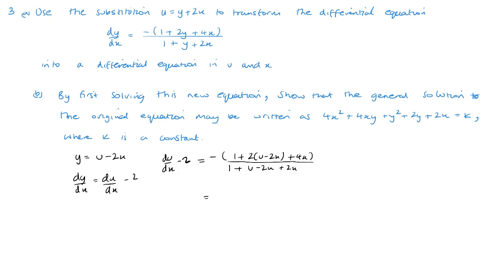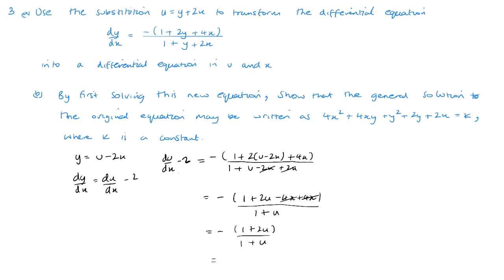Let's sort this bracket out: 1 plus 2u minus 4x plus 4x over 1 plus u. The 2x's cancel, and these 4x's cancel, leaving me minus (1 plus 2u) over 1 plus u.